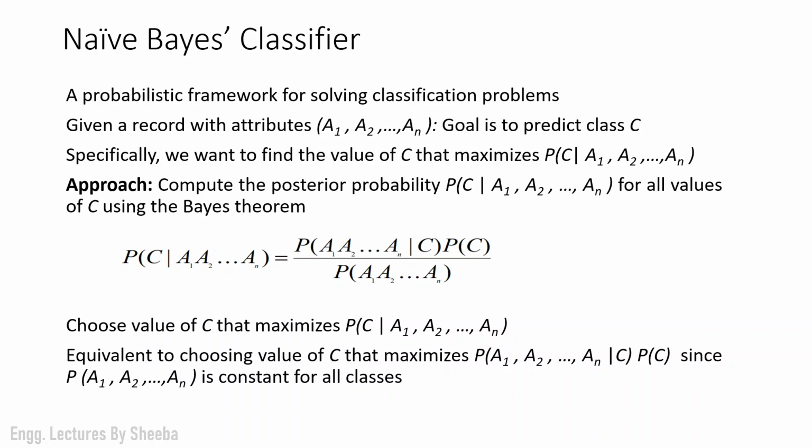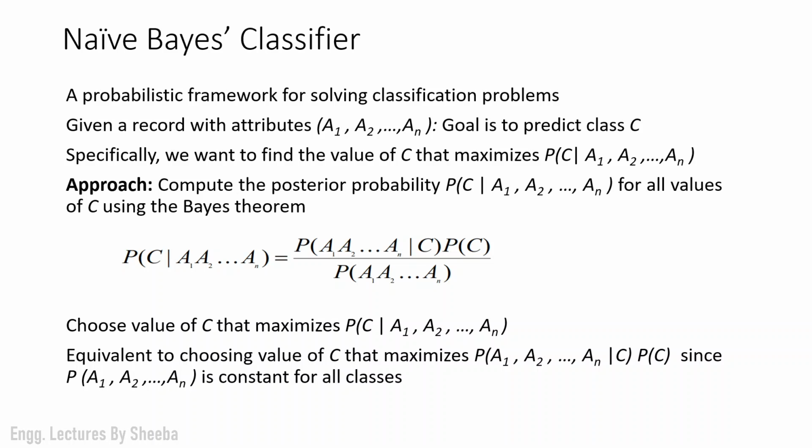As I already said, the naive-Bayes classifier is based on Bayes theorem. As you know, it is a probabilistic framework. When a data set is given, there are various attributes. You will be given a data set with several attributes and you have to predict the class. For example, in the previous example, you have various shapes and you have to predict whether it is a square, triangle or otherwise.